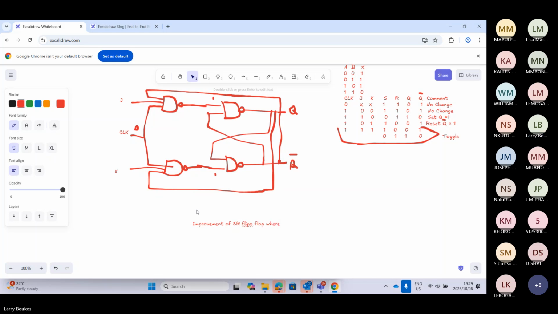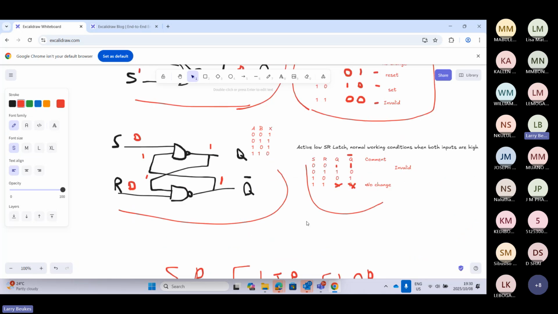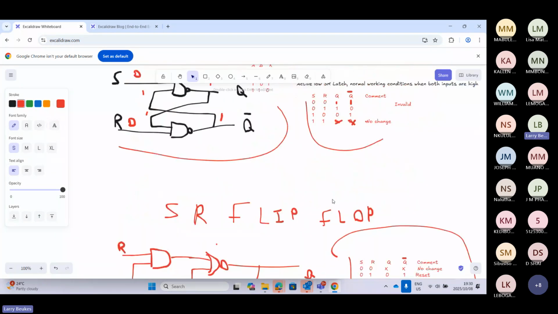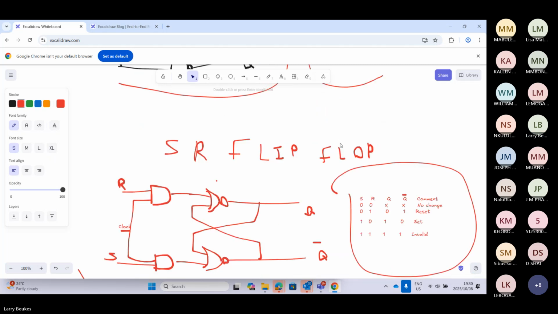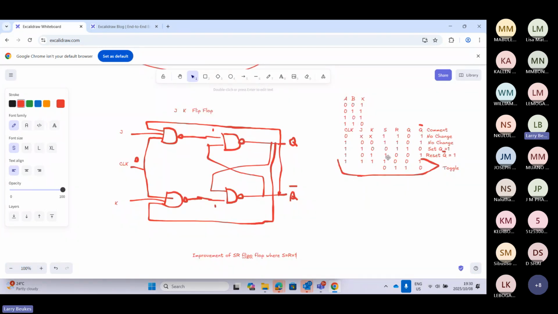Remember, we had this problem when S and R equal 1. This is the problem that we had here, the invalid one, okay? Where S and R equal 1.